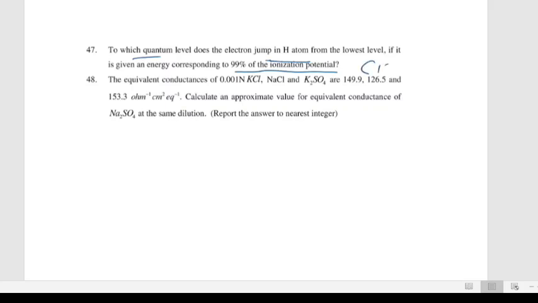Ionization potential of hydrogen is 13.6 electron volts, right? So 99% of 13.6 if we give, then they're asking to which quantum level the electron jumps, right? So according to Bohr's theory, delta E is equal to E2 minus E1. How much energy we have provided?